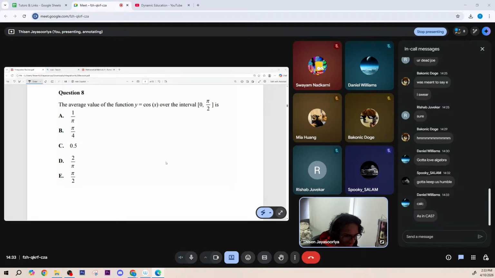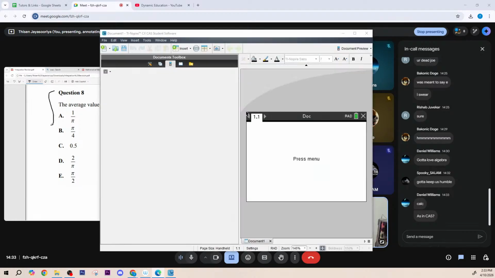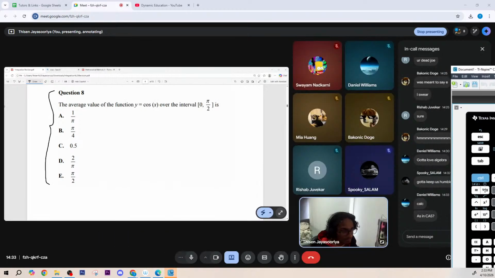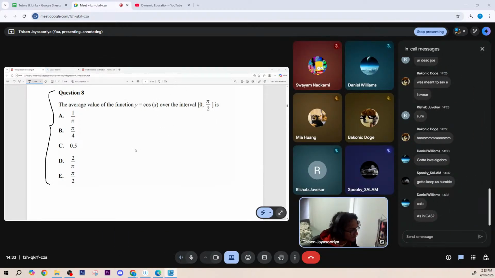Yeah, as in CAS. Yeah, you have CAS. If it's a multi-choice, it's exam 2. All multi-choices are exam 2. So that's just a definite thing. Oh, everyone here uses the black calculator, if I'm correct, right? No one here uses the white one.